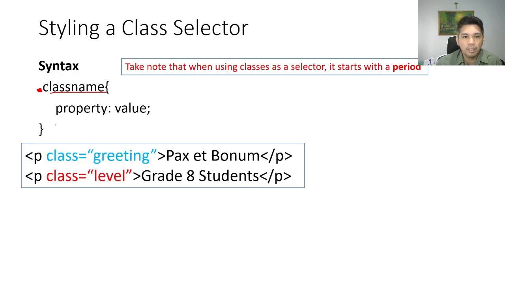So with the tags given previously, I want you to try applying this syntax. Try to set the first one, the color, into blue, and the second one will have a color that is red.